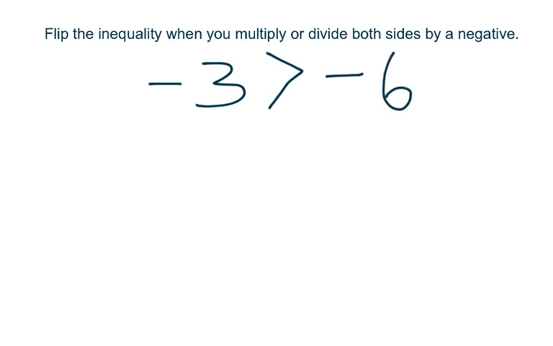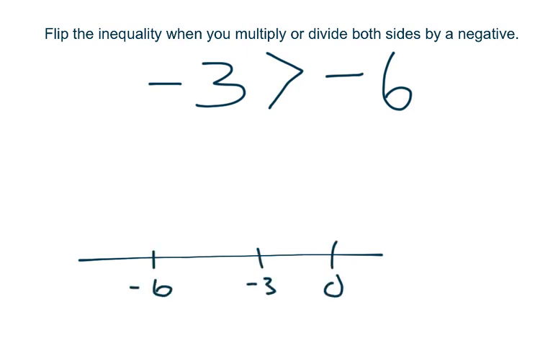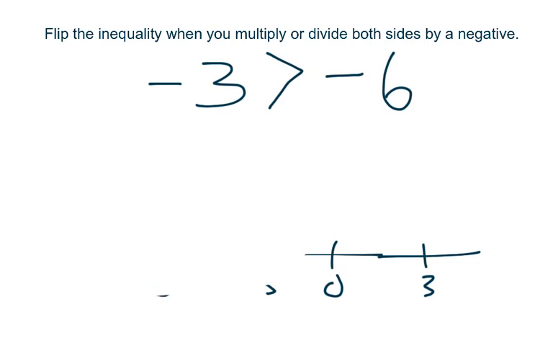Okay, now that's harder to see because we're dealing with negatives, and negatives just make things a little bit harder to see. But negative 3, we'll say it's not as negative as negative 6. So if you look at your number line, here's the negative 6. The negative 3 would be over here. And you can tell that the negative 3 is actually greater than negative 6 because it's further to the right on the number line.